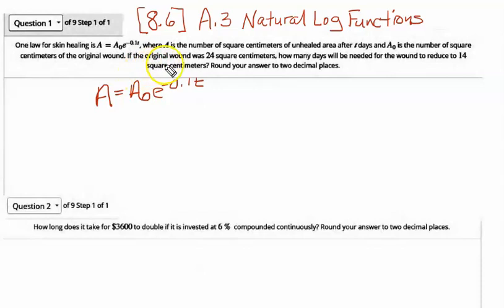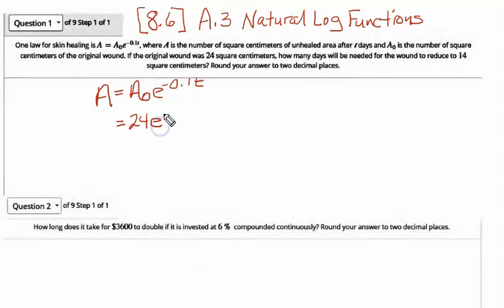Now, as we look at this, we want to substitute the values from this question into this formula. So the original wound, that is our A sub O, is 24.